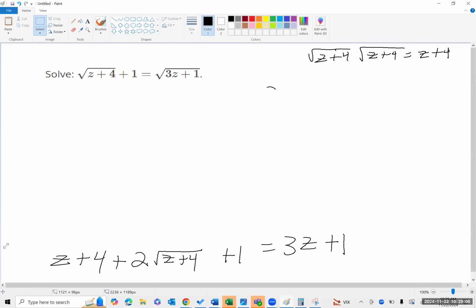But let's see. I'm going to subtract z. So I'm gonna be left with a 2z here. And then I'm also gonna subtract a 4 over here and over here.